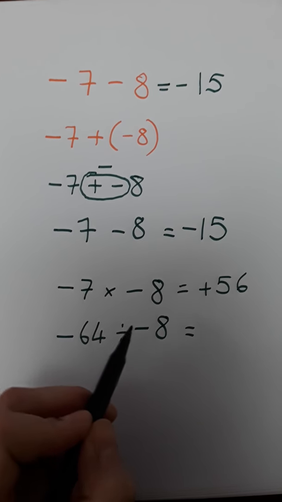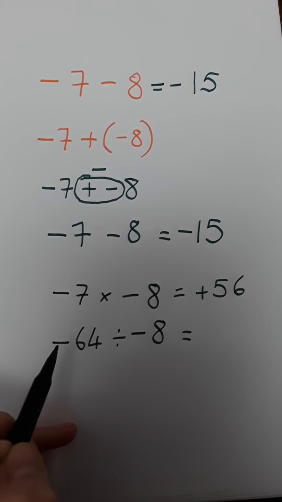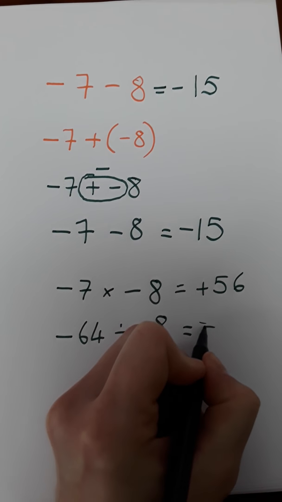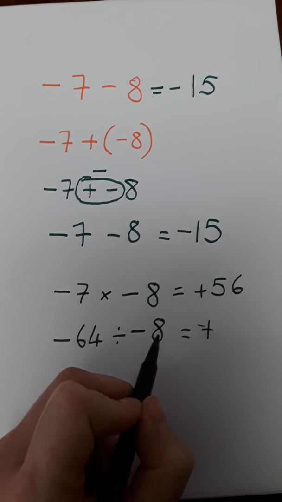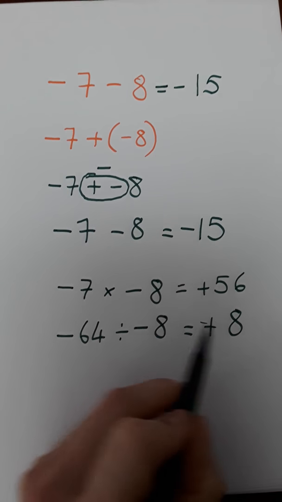So a negative divided by a negative is the same relationship in terms of signs as a negative times a negative. So we still get a positive. So then you just do 64 divided by 8 and that gives us 8. So the answer to that sum is going to be 8.